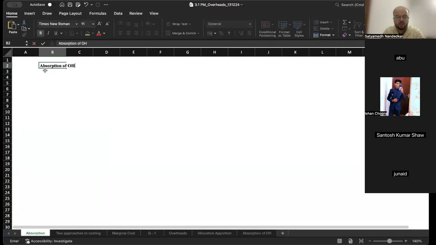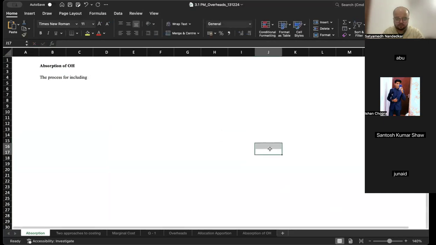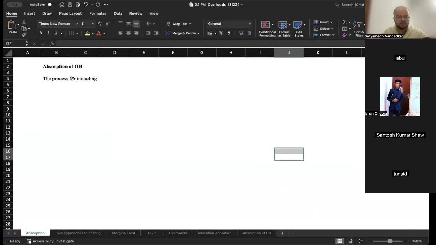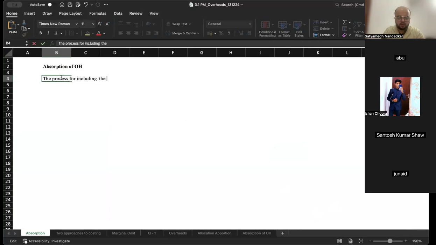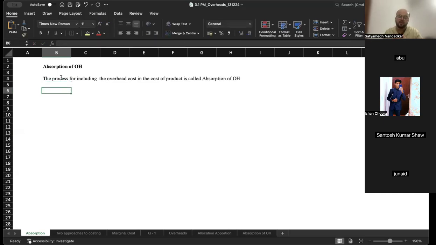Absorption of overheads: the process for including the overhead cost in the cost of product is called absorption of overheads.